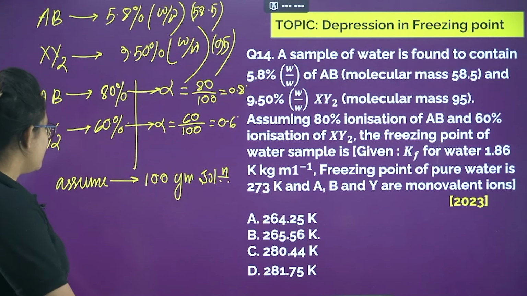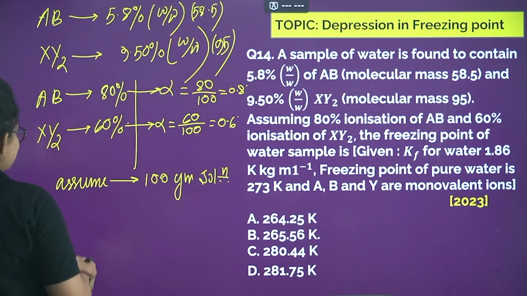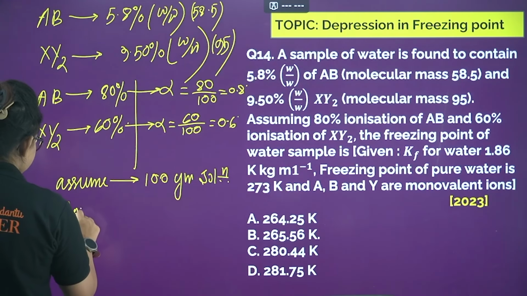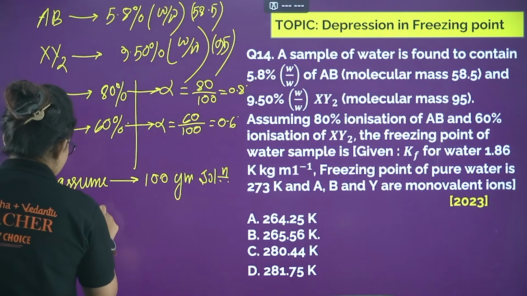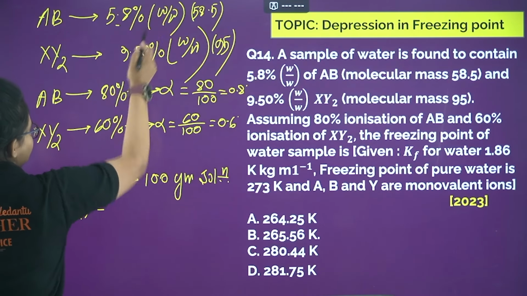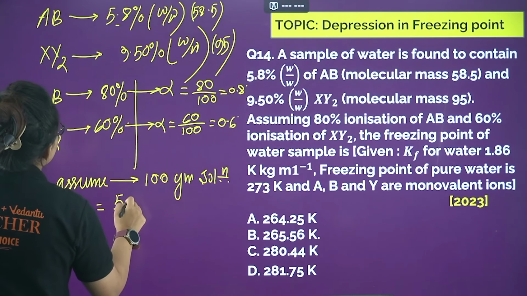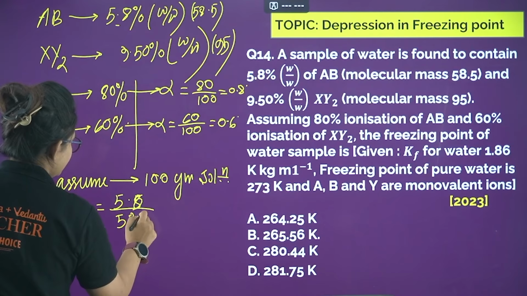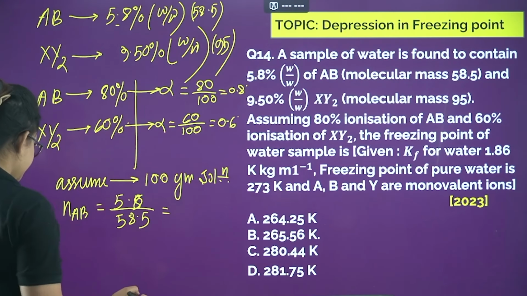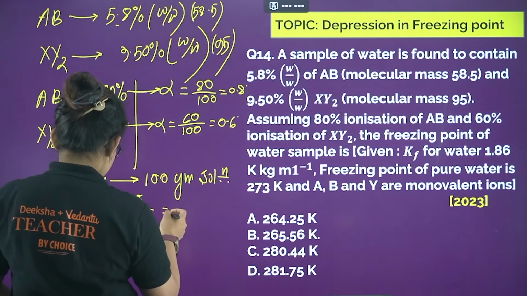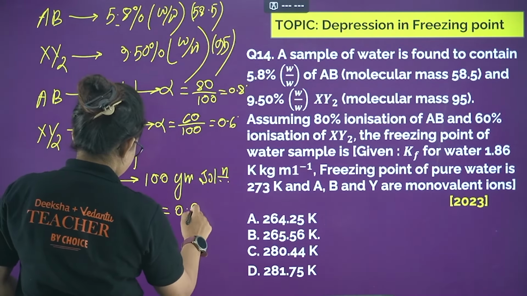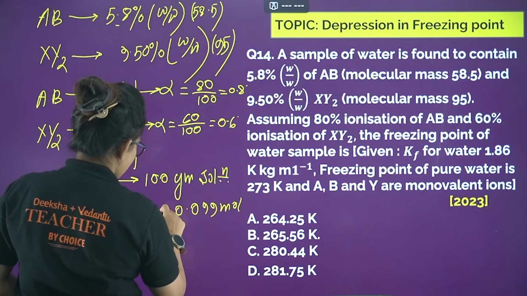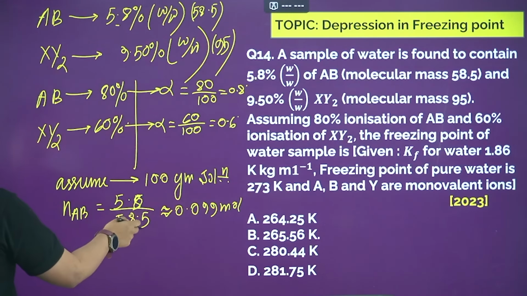Okay, now what are we going to proceed with? Now simply let's calculate number of moles of AB. How should I calculate? Given weight by 58.5. 5.8 divided by 58.5. It's going to be almost 0.099 something, because 58.5 is given.